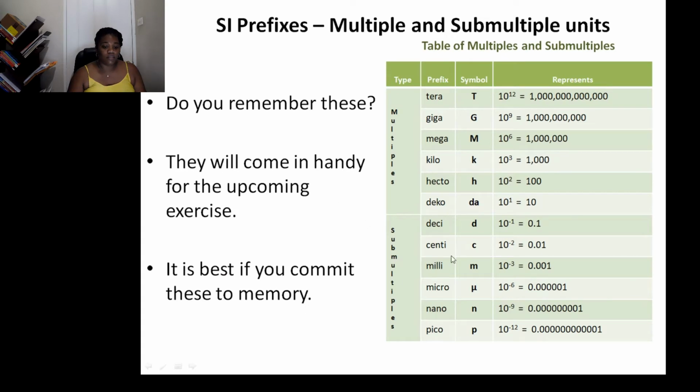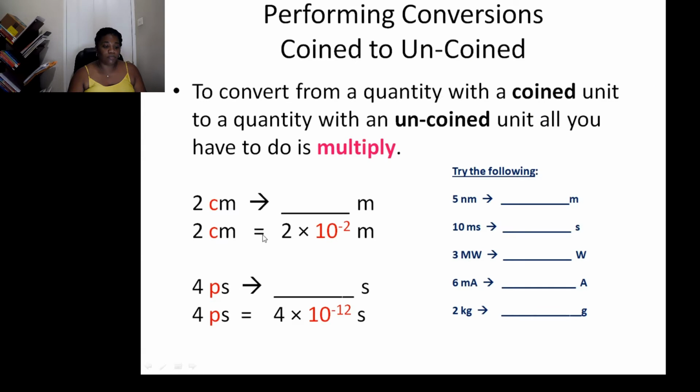Centi is equal to 10 to the negative 2, and you stick it right in there. You replace the centi with the power of 10. So, 2 times 10 to the negative 2 meters. So if you ever wanted to find out what 2 centimeters is equal to in meters, you get rid of the centi by multiplying by 10 to the negative 2.